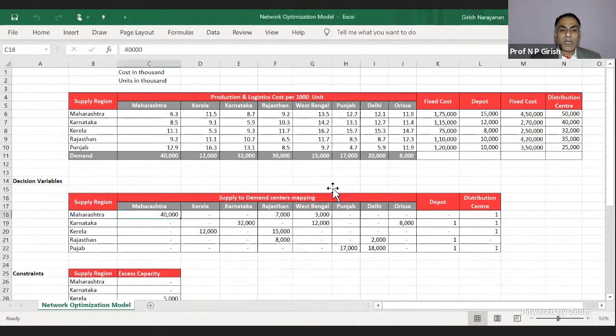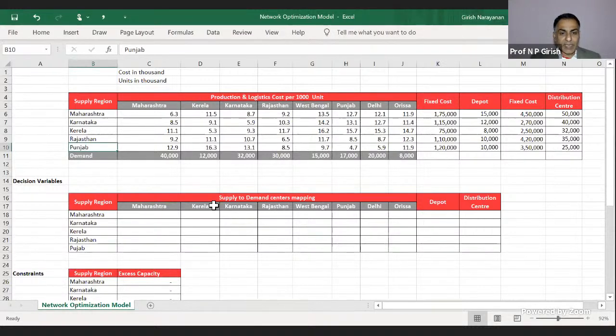So what we are talking about is network optimization. What are the things that we need to keep in mind? We need to understand the potential supply locations. It can be Maharashtra, Karnataka, Kerala, Rajasthan, Punjab. Now, these are also the demand centers.